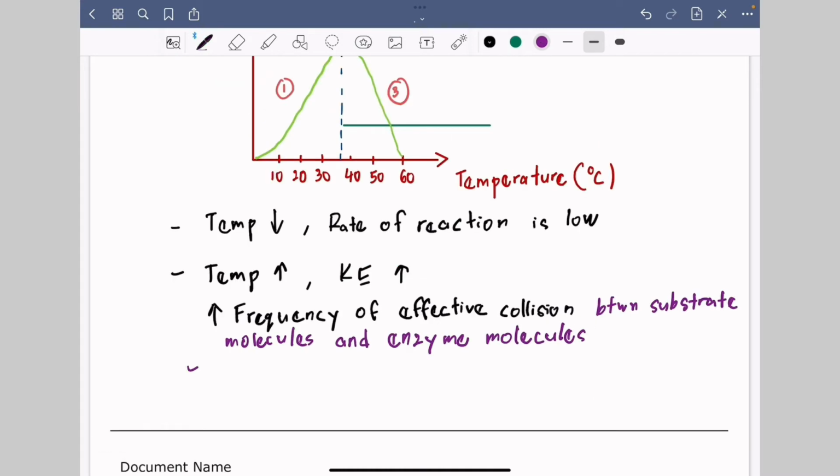Because of these three factors, 1, 2, and 3, they will lead to the increase of the rate of reaction.